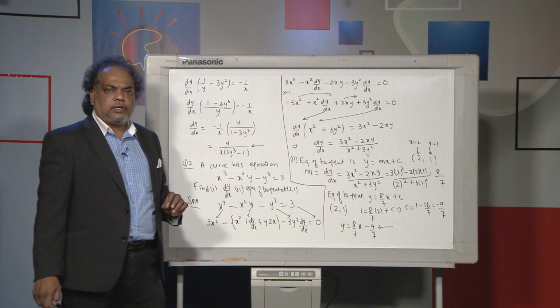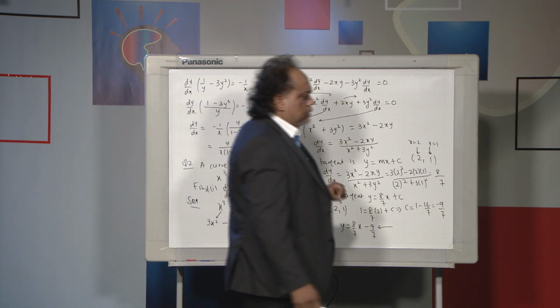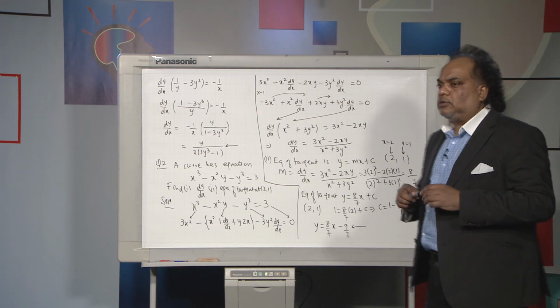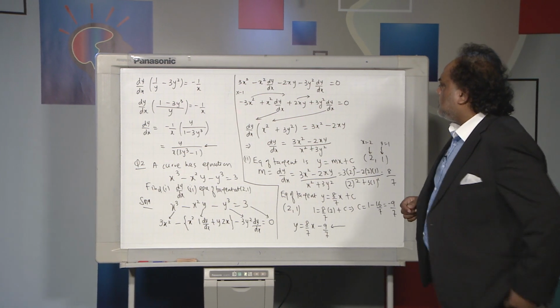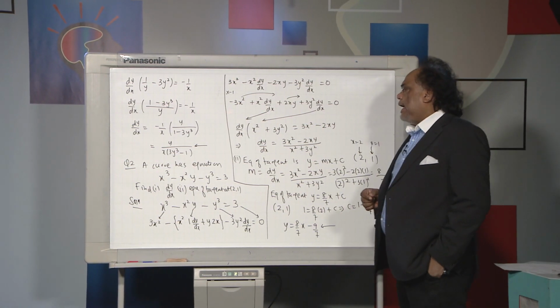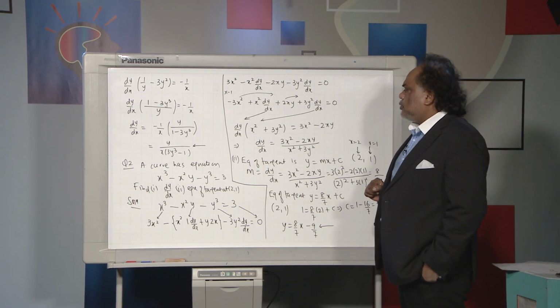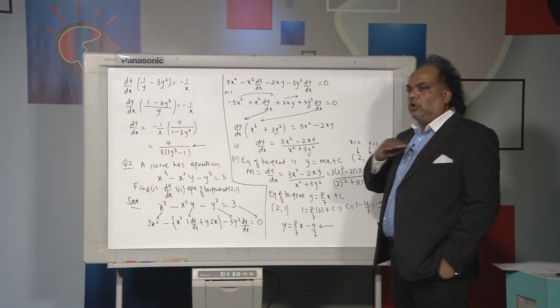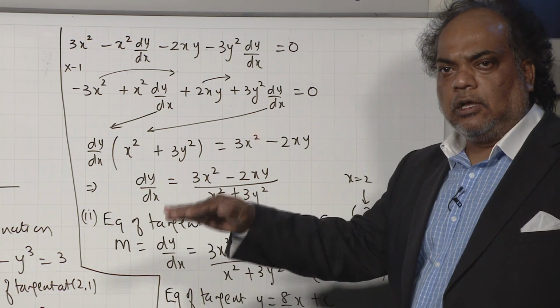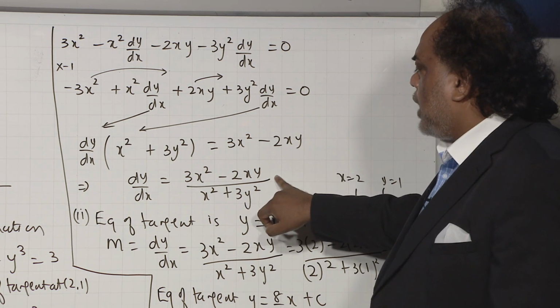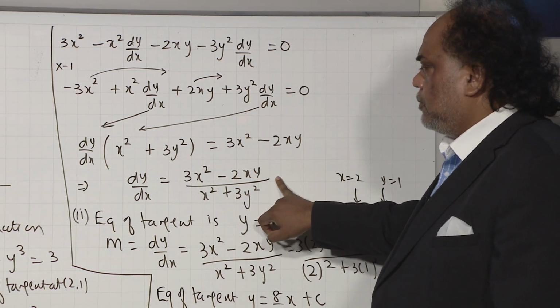Of course, there are certain questions that will ask you, write the point where the tangent is parallel to x-axis. If the tangent is parallel to x-axis, and you know x-axis is horizontal, horizontal lines have 0 gradient, so we would have equated that to 0.